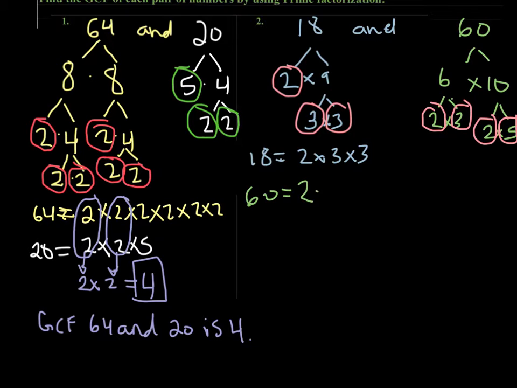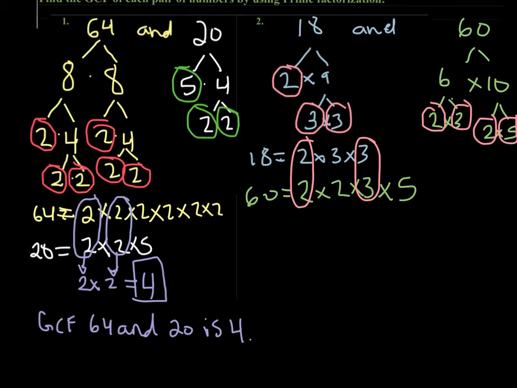So 2 times 2 times 3 times 5. Now let's move on to step number 5. Choose the common prime numbers they have, or choose a number they have that is the same. We know 2 is the same. 3 is the same. Looks like that is it.